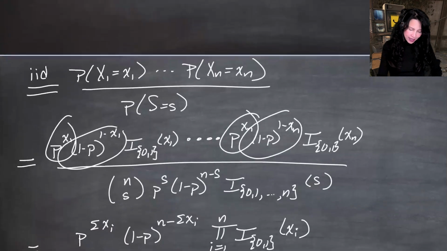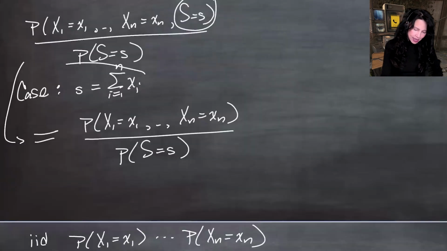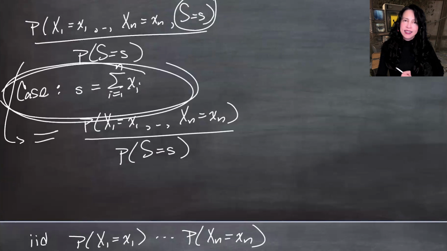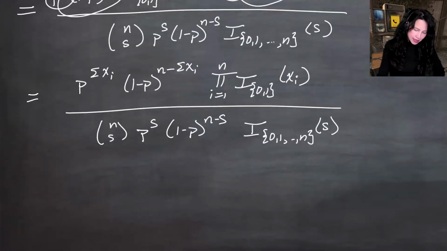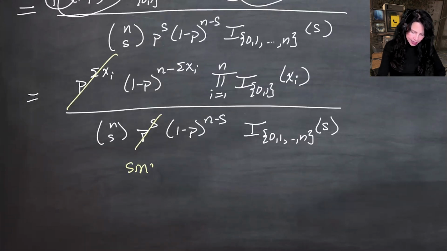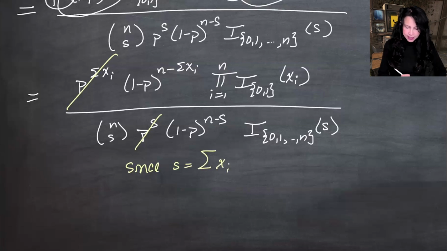But we are in the case where little s is equal to the sum of the little x's. And that means that I'm going to get cancellation here and here, since little s is equal to the sum of the little x's. I'm also going to get cancellation here and here. And I don't care that I'm not canceling out the rest of it.